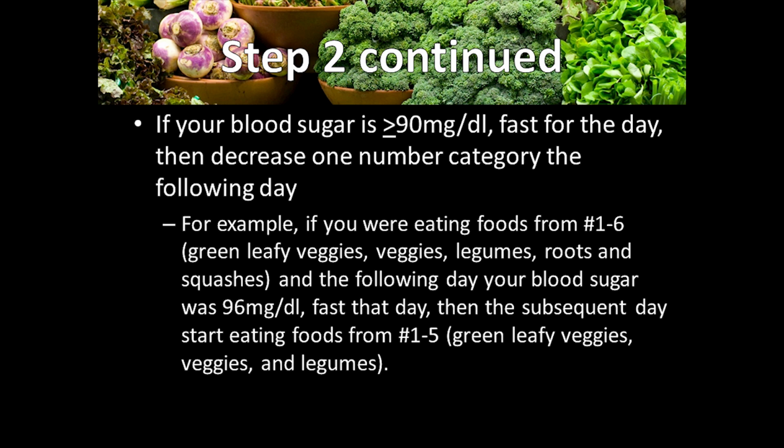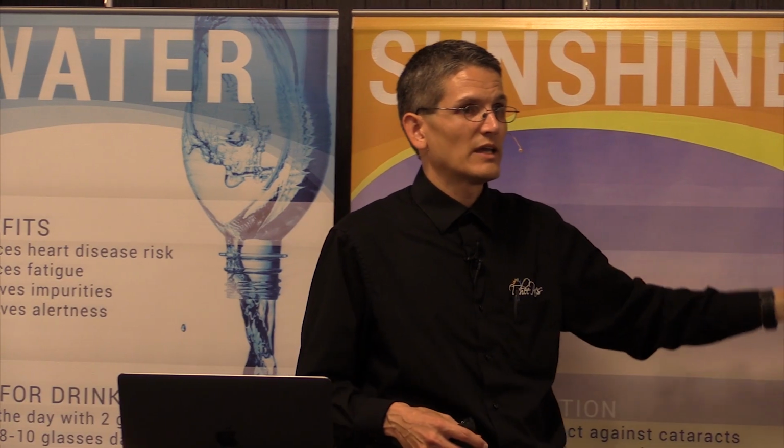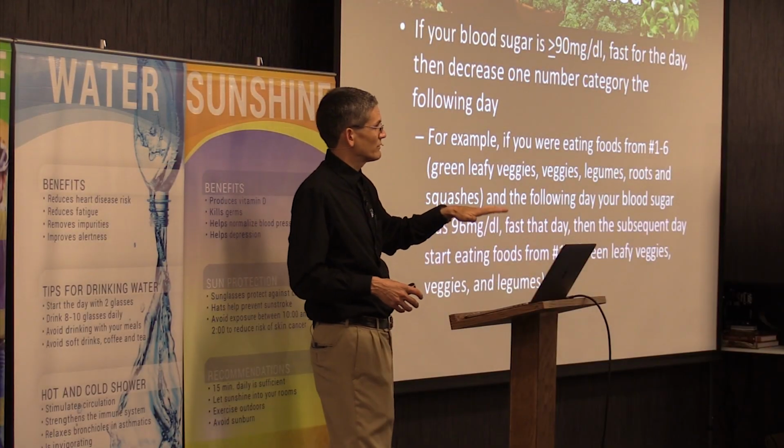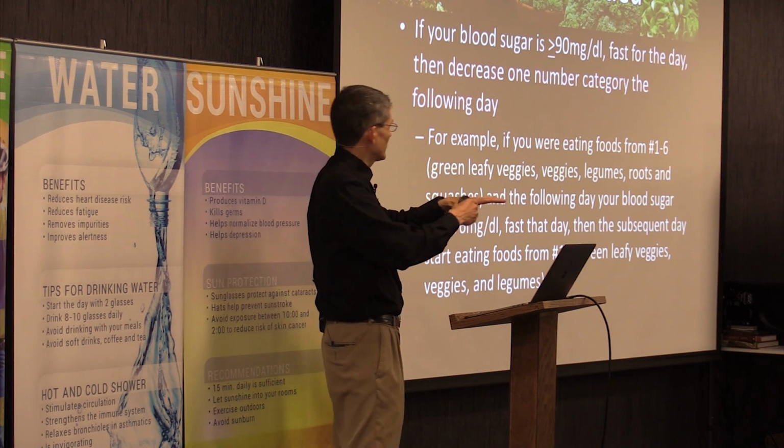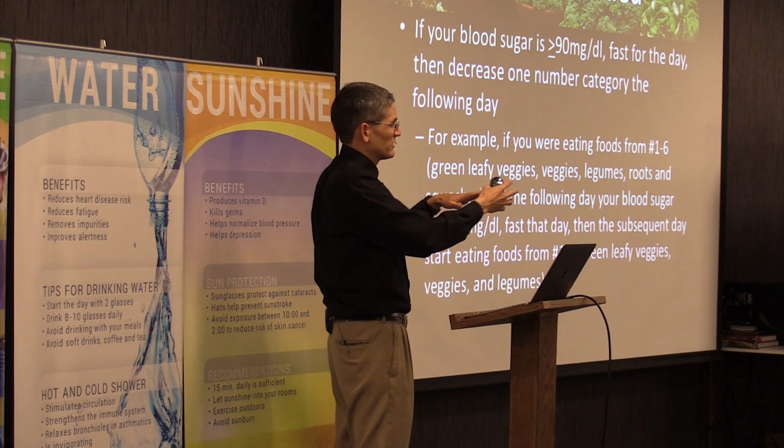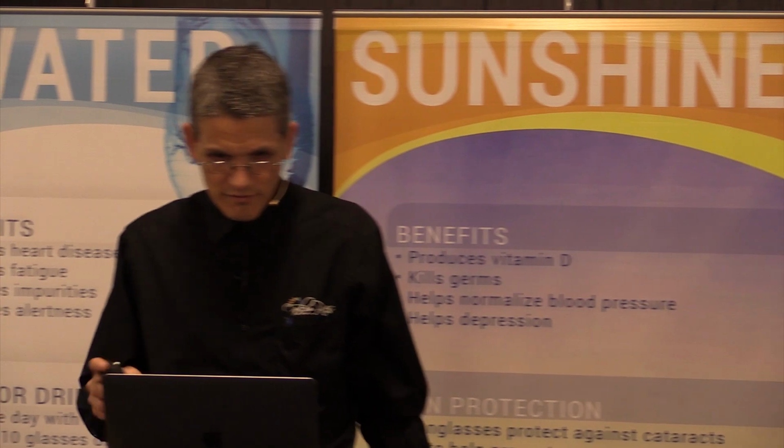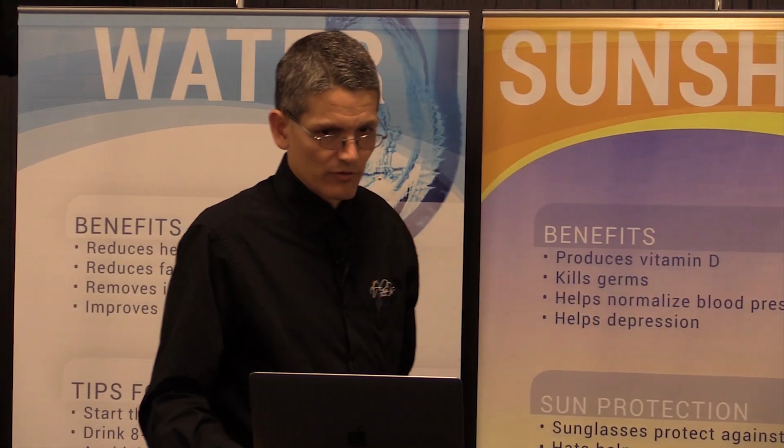Well, fast that day, and then the following day you cut out the roots and squashes, but you eat the rest of the stuff that was on the list before. The green leafy veggies and legumes, right? And you keep that for a few days, and once you've done that for a few days and the blood sugar levels remain below 90, then you can try to add in a little bit of roots or a little bit of squashes.